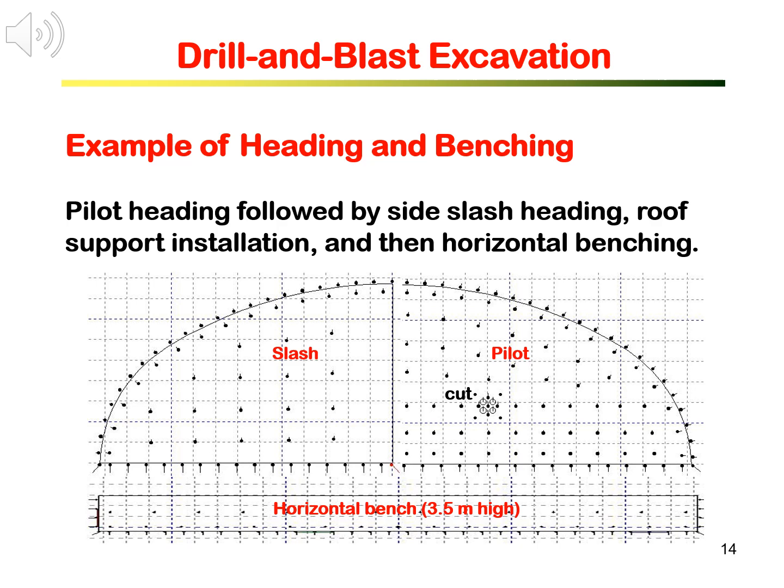The two headings were done side by side. In some cases, they were alternated. After heading was done, roof supports were installed, and then horizontal benching was done to excavate the invert.